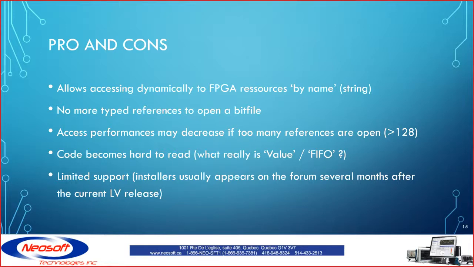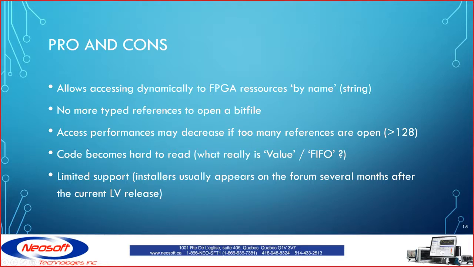Also, if you open more than 128 references, you will see a warning running through your error wire. So it's warning 63186. It's just a warning, and it's just telling you that you've got too many references open. It will still work, but you may notice performance issues. Then the code becomes hard to read.